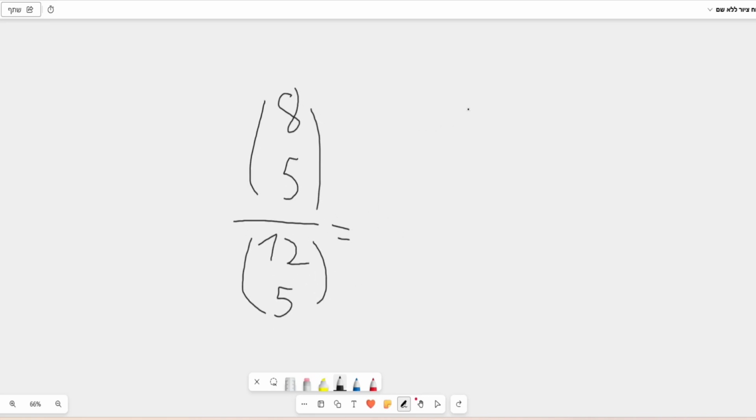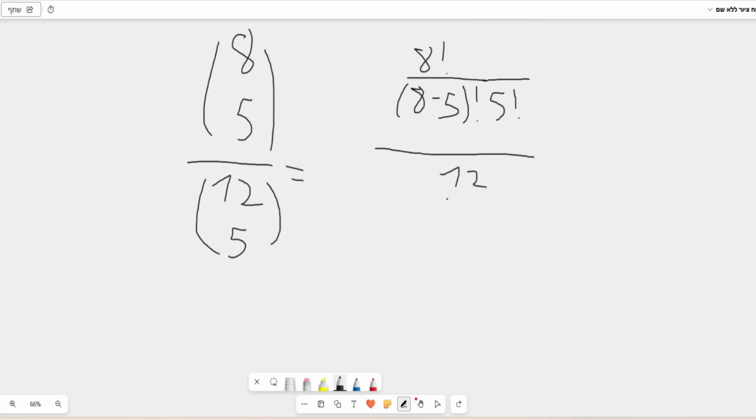This equals 8 factorial over 8 minus 5 factorial times 5 factorial, all of this over 12 factorial over 12 minus 5 factorial times 5 factorial.